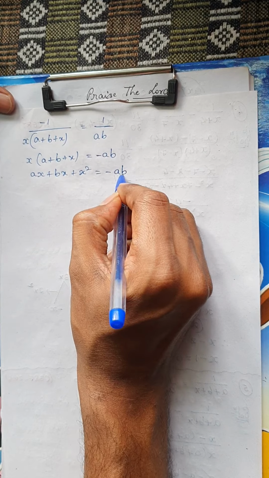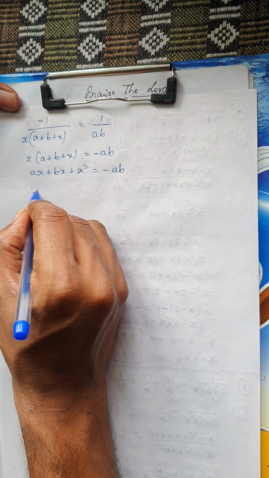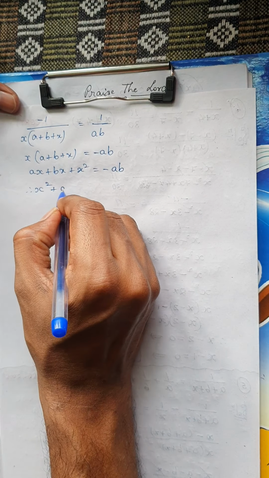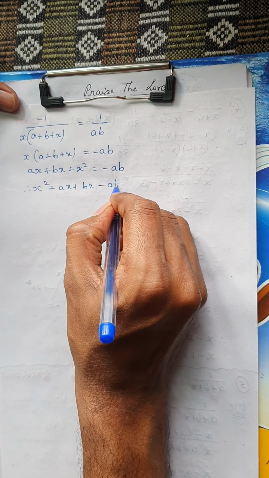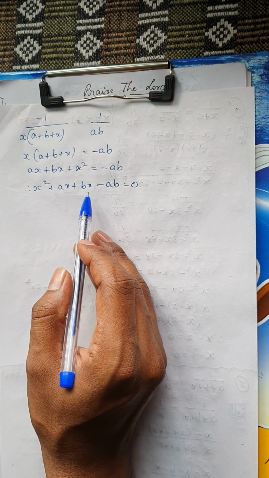This is equal to minus ab. Bring the term to left hand side. Therefore, the given equation I'm going to write as x square plus ax plus bx minus ab is equal to 0.